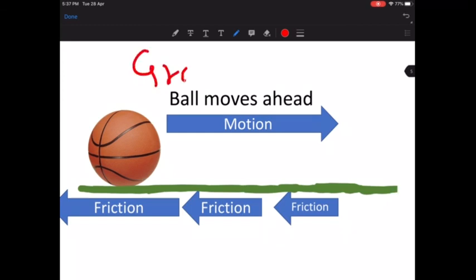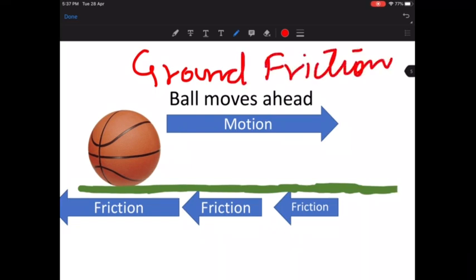So this is also called ground friction, okay? Then you have air friction, okay? So air friction is provided by air, ground friction is provided by ground, liquid friction is also there, which is provided by liquid. So any force which acts opposite to the direction of the motion of the object is called friction, okay?